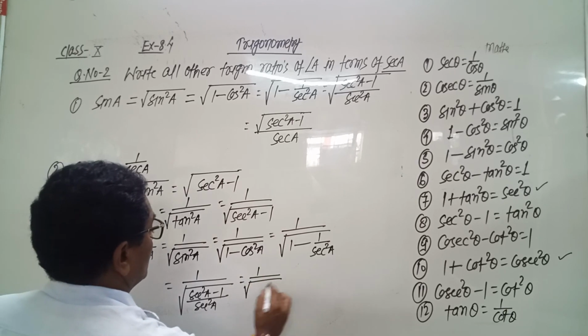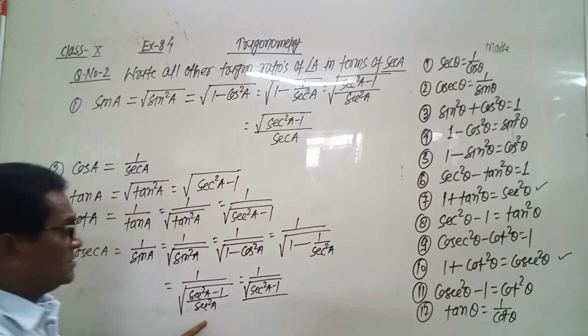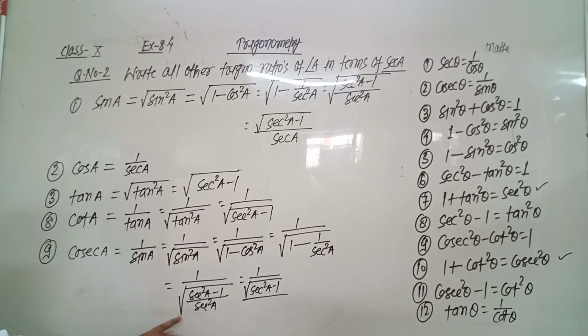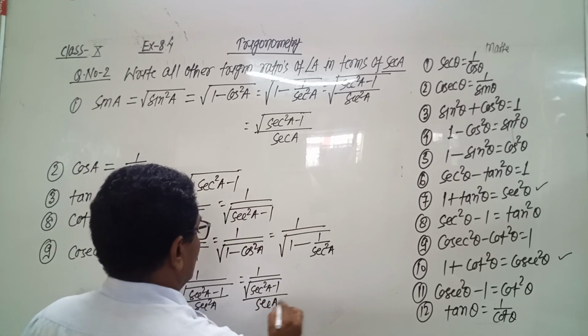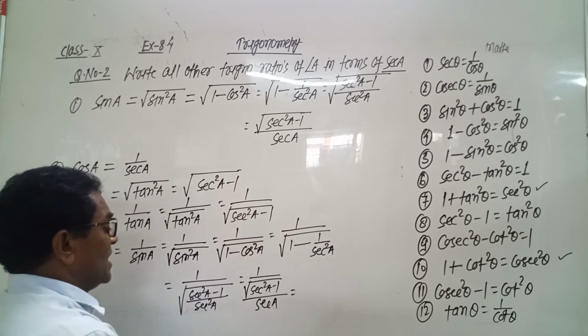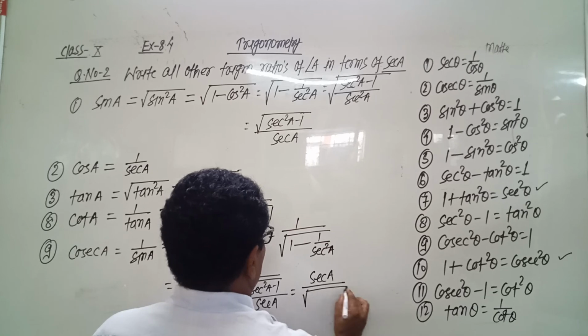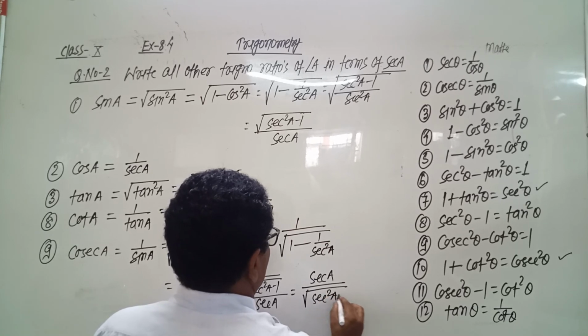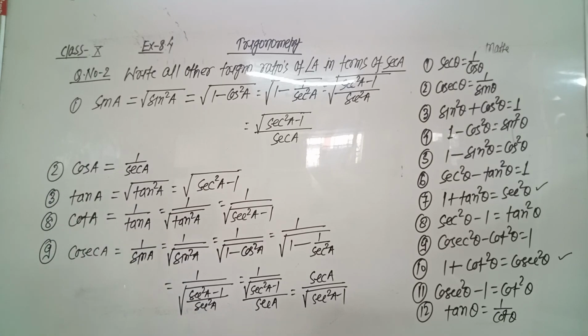So 1 upon root over (sec square A minus 1) upon sec square A. The square gets cancelled from the square root and comes outside. Then when we write it in multiplication form, it becomes sec A upon under root of sec square A minus 1. So this is the way to convert the trigonometric ratios in terms of sec A.